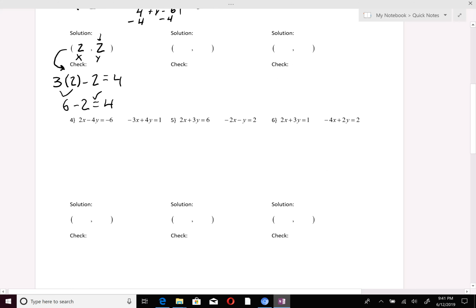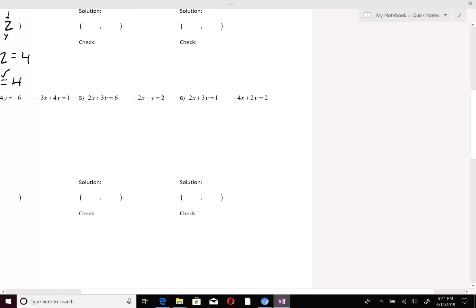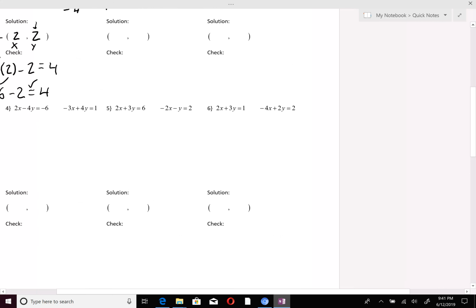A more difficult problem, where they don't work out ideally, would be a situation like number 6. So if we look at number 6, I'll first line my equations right underneath each other.